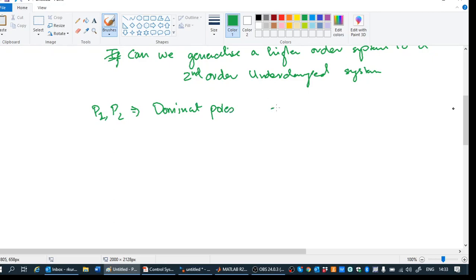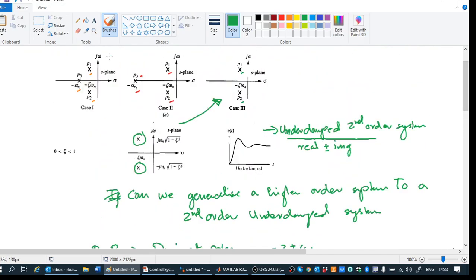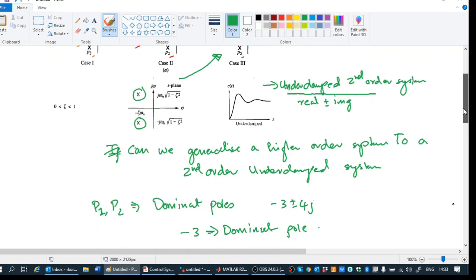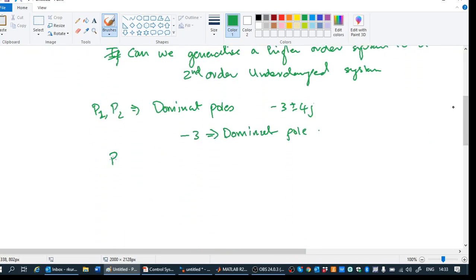So for example, if you have -3 plus or minus 4j, -3 is called the dominant pole. And the third pole, in case 1 and case 2, P3, is referred to as the third pole.